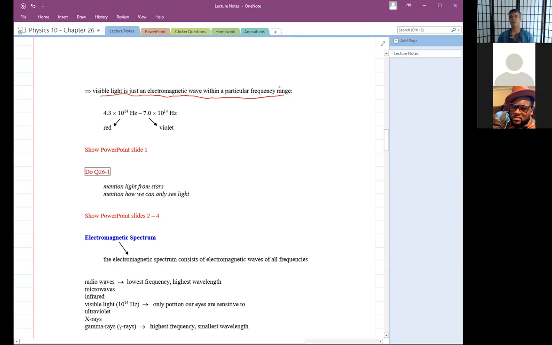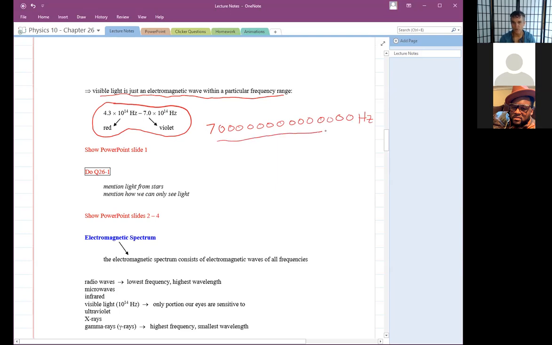The whole spectrum consists of all different forms of light, and we can only see this very tiny portion that goes from about 4 times 10 to the 14 hertz to 7 times 10 to the 14 hertz. Again, you don't need to worry about that number, but 10 to the 14, as you probably know, means there's like 7 times 10 to the 14. Let's just write that out. Is 7, 1, 2, 3, 4, 5, 6, 7, 8, 9, 10, 11, 12, 13, 14.